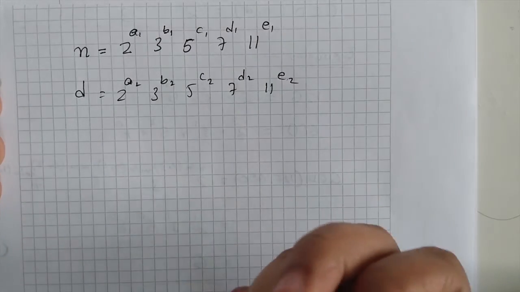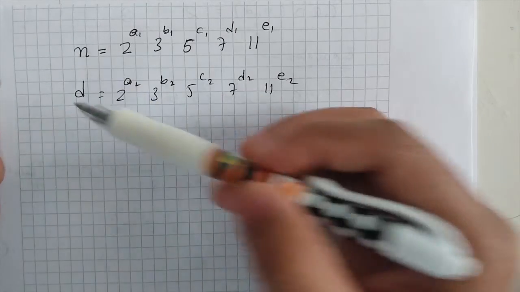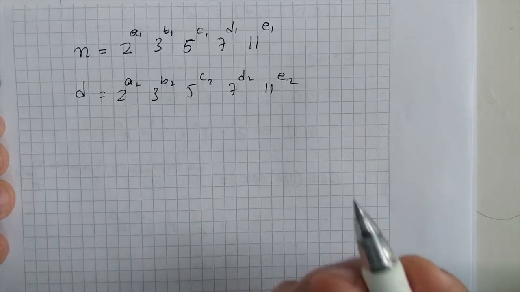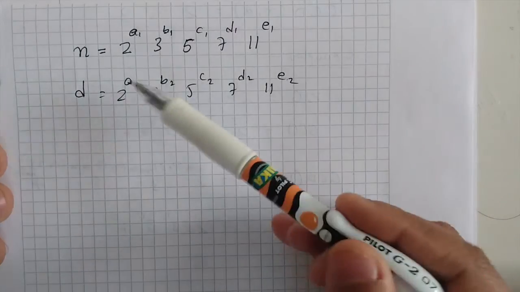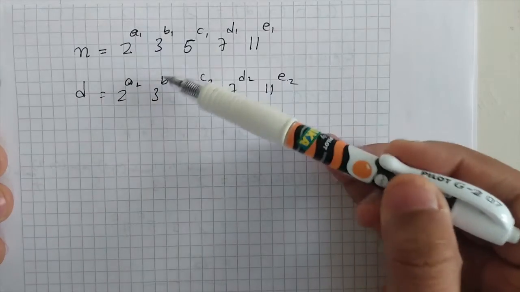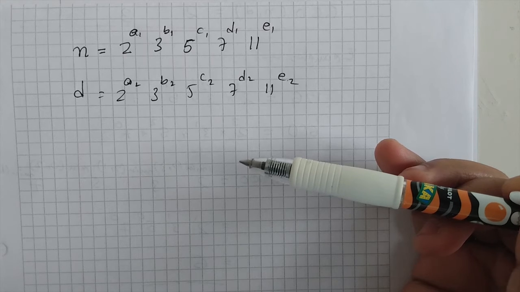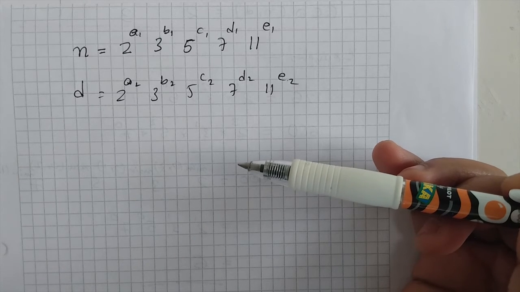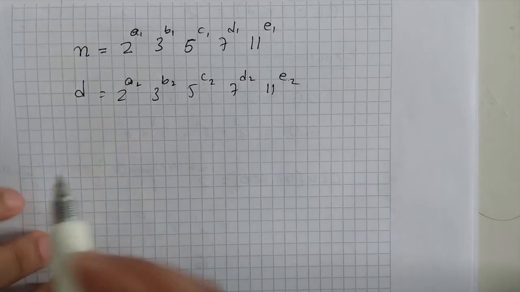Let's go back to the same two numbers that we assumed before, n and d. Earlier we chose the minimum power, the minimum of a1 and a2, b1 and b2, c1 and c2. When we choose the minimum, we get the highest common factor, or the GCD. But what happens if we take the maximum?